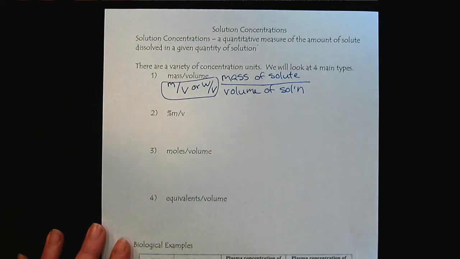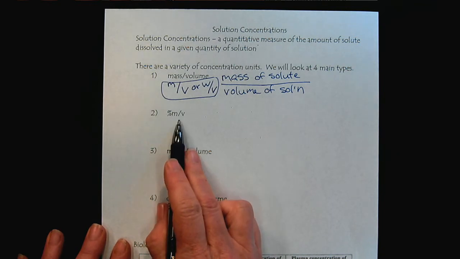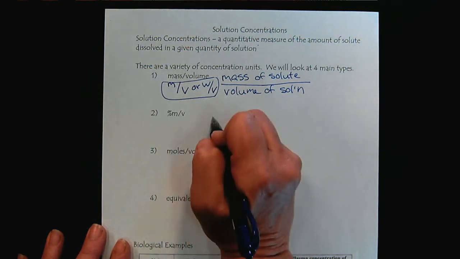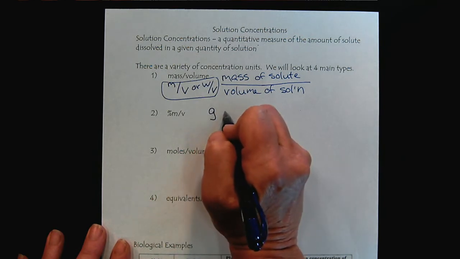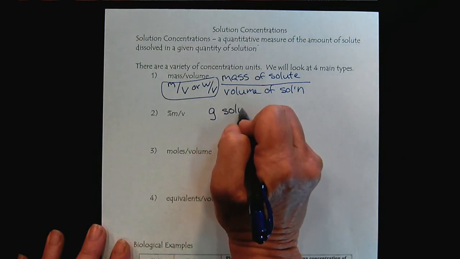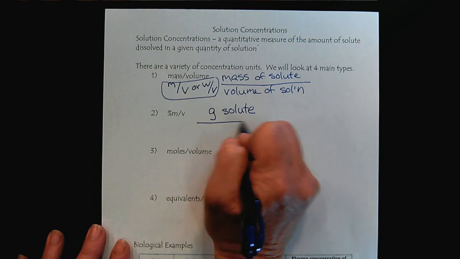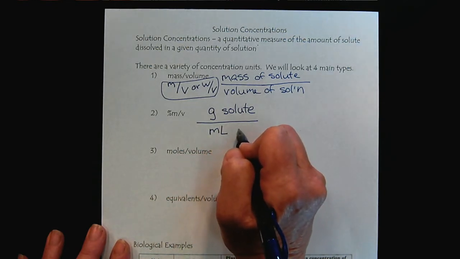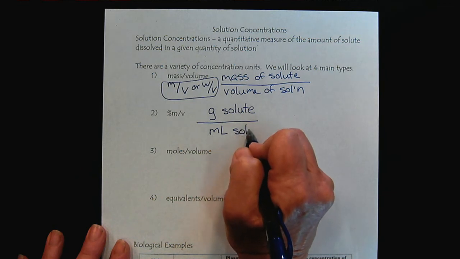The second common solution concentration is percent mass over volume. And so it will always be the grams of the solute, and this will be defined as over the milliliters of the solution.